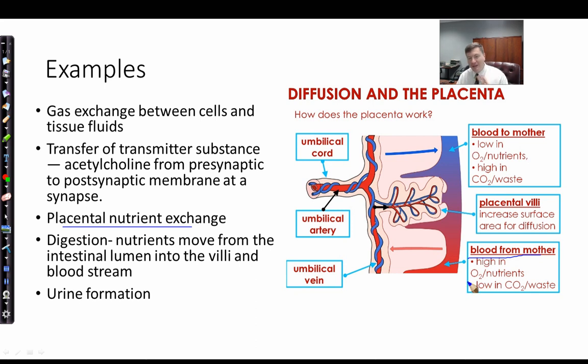When it enters the placenta, there's going to be gas exchange because the blood of the fetus is going to be low in nutrients because the fetus has used them up, high in CO2 because the fetal cells have produced it. So there will be an exchange from high to low of those particles of gases and nutrients, which is how the placenta works. So a very important process, diffusion.